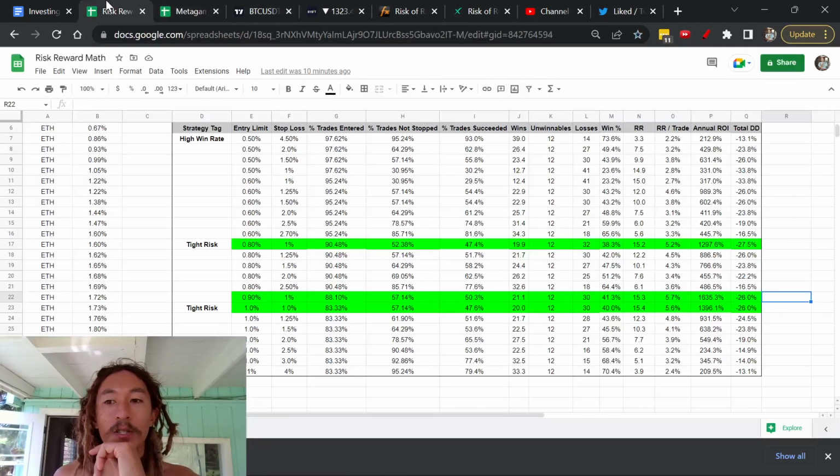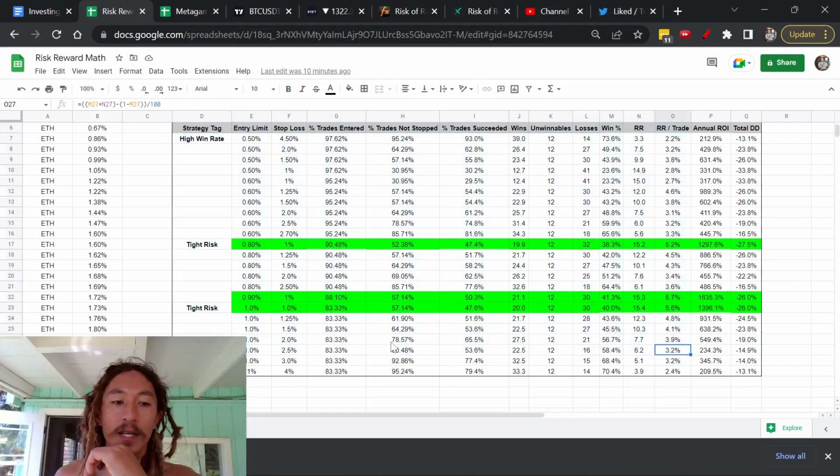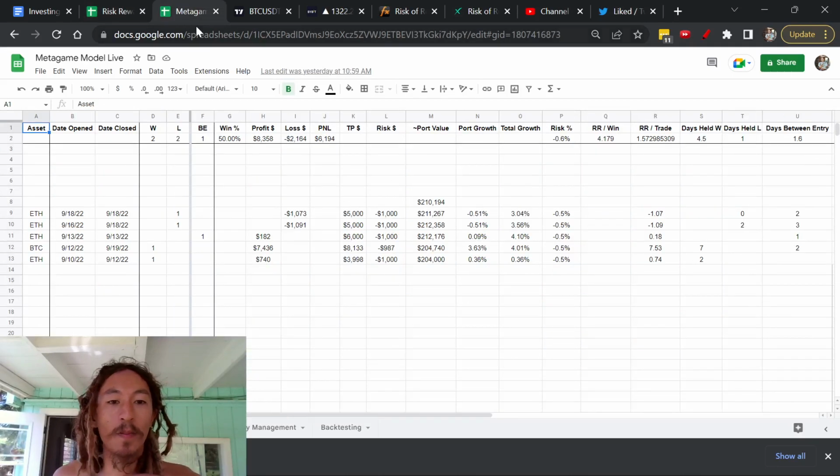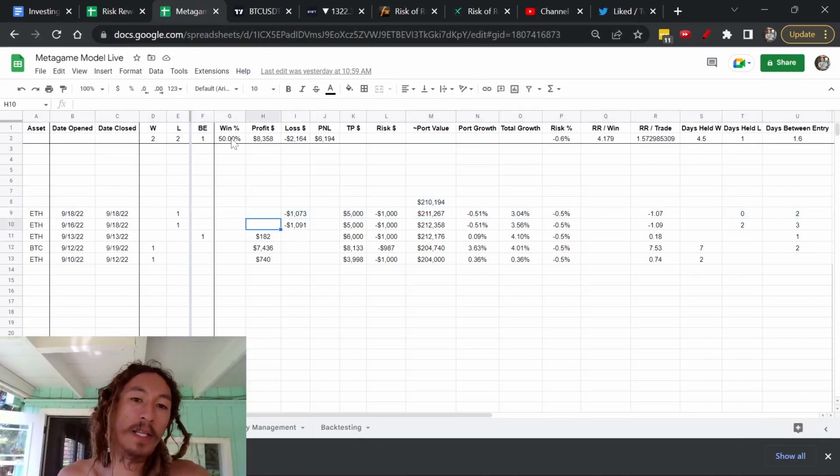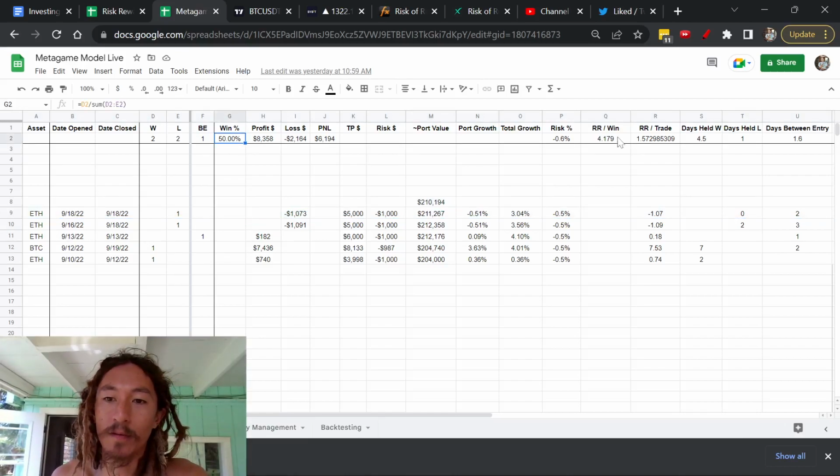Now, coming back to this, I believe this data is fairly accurate. I've only been trading live for a week, and based on poor execution, I had a 50% win rate with a 4-to-1 risk reward. With a little bit better execution, those could have been different numbers.